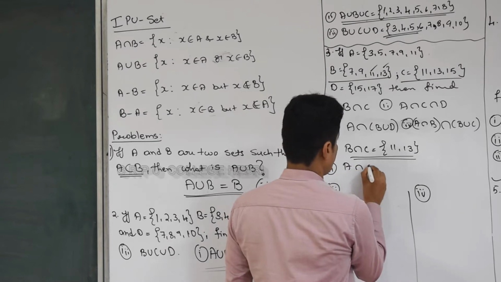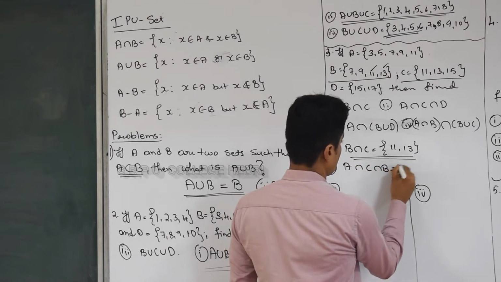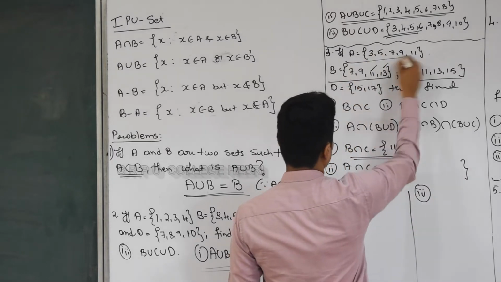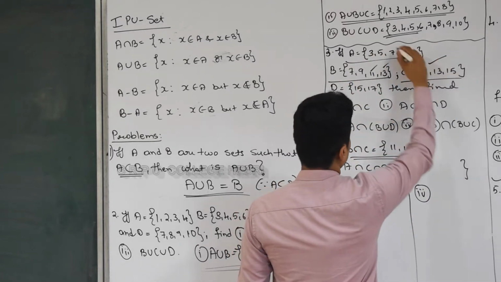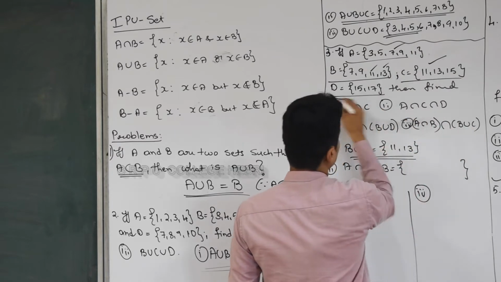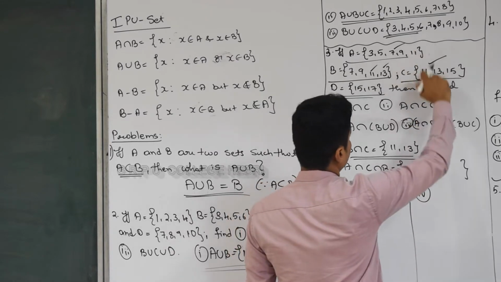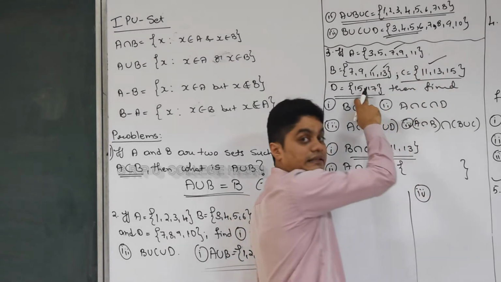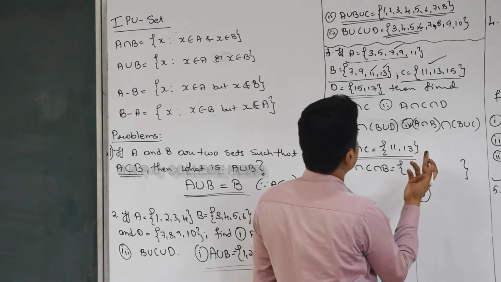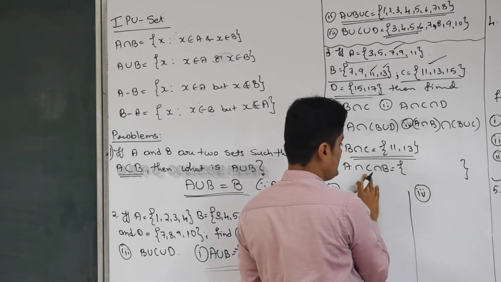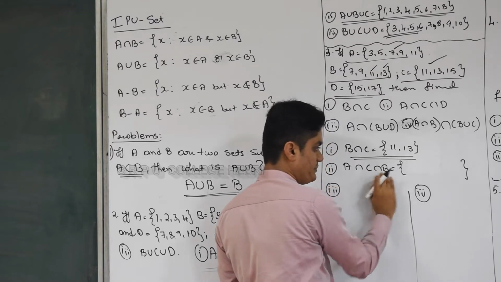A intersection C intersection D. The common elements to all the three sets A, C and D. A is 3, 5, 7, 9, 11. Okay, so 11 is in this, but 11 is not in D. Correct. So A intersection C intersection D, without brackets, means common elements for all the sets.